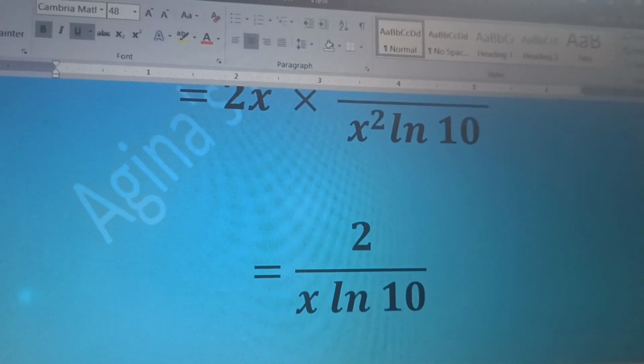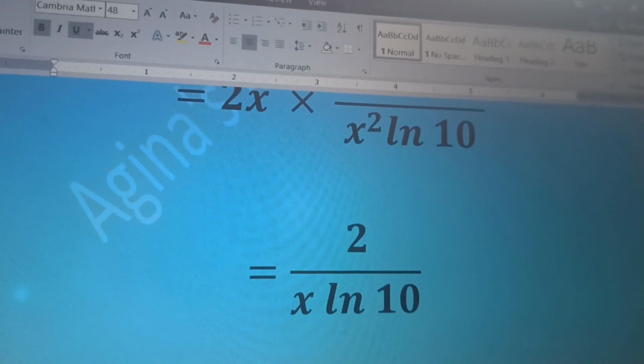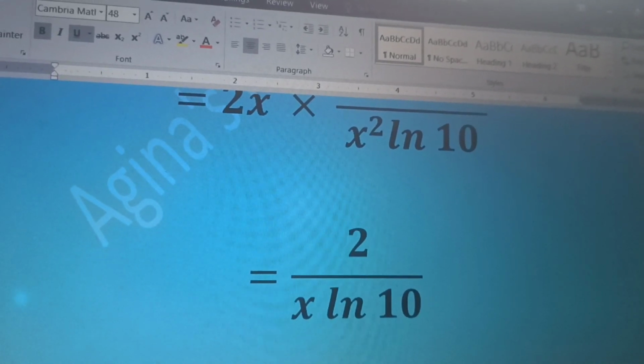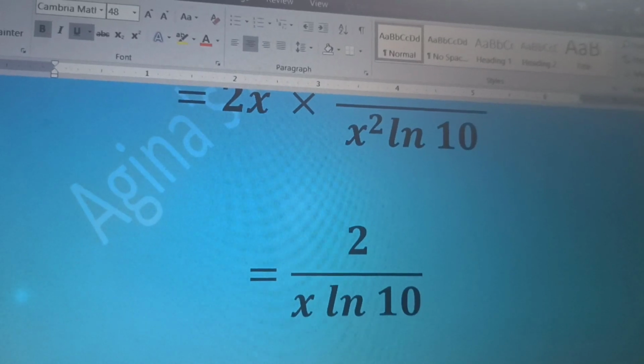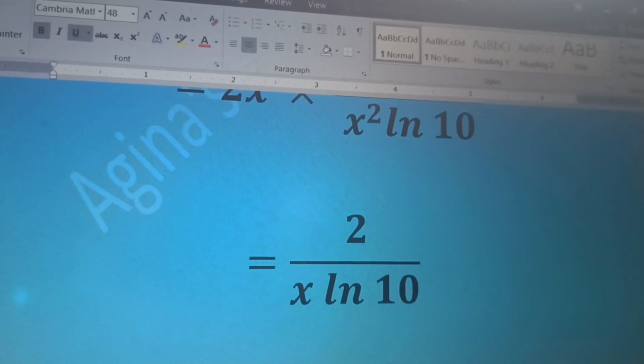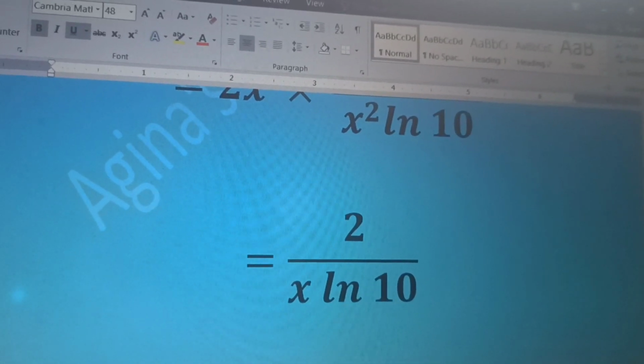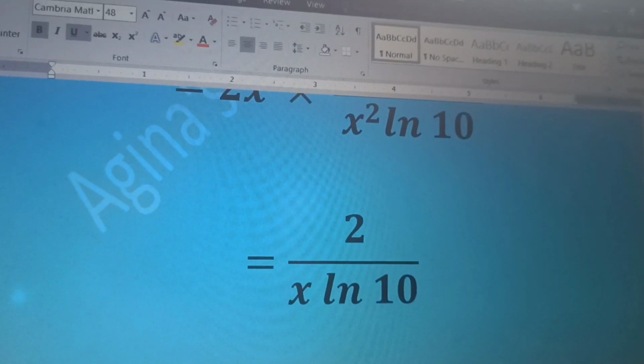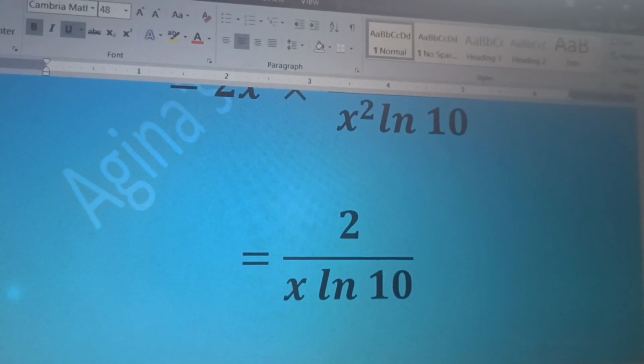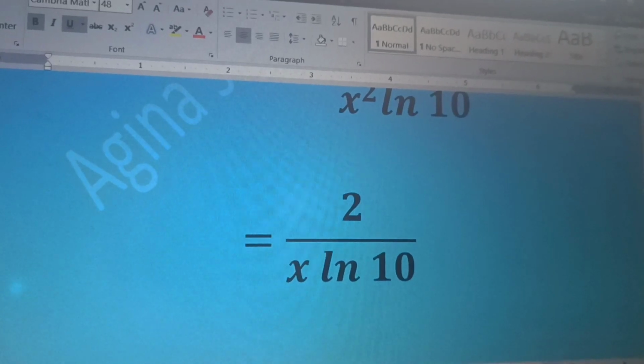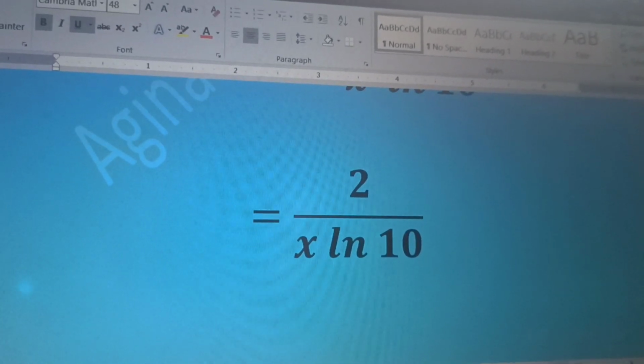So if we multiply out, we will have 2x over x squared ln 10. Then the x on the numerator will cancel out the square on the denominator for us to have 2 over x ln 10.